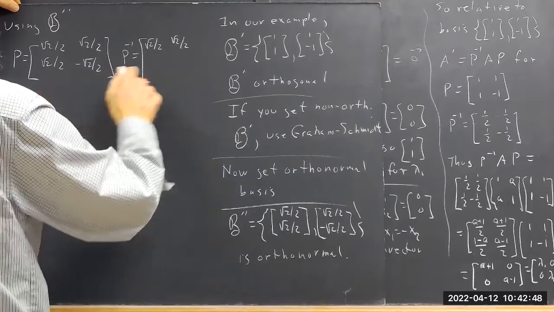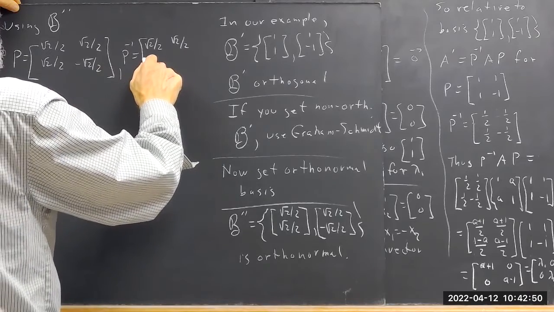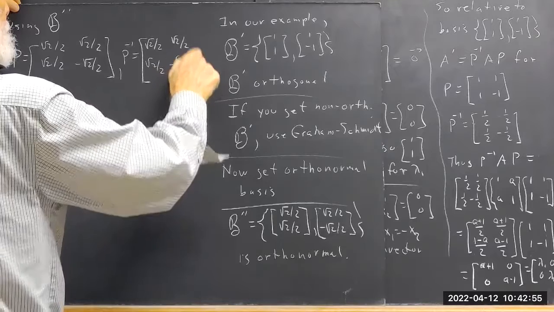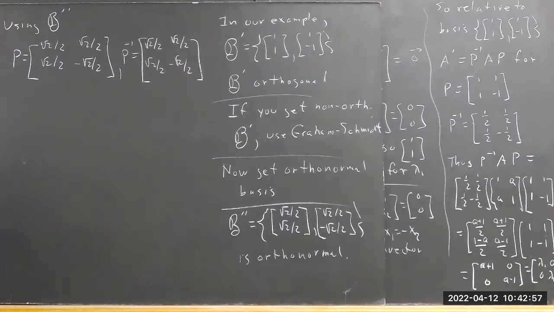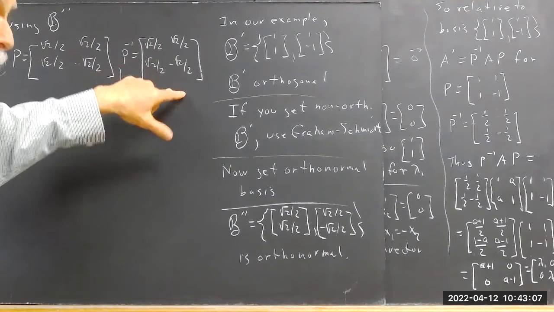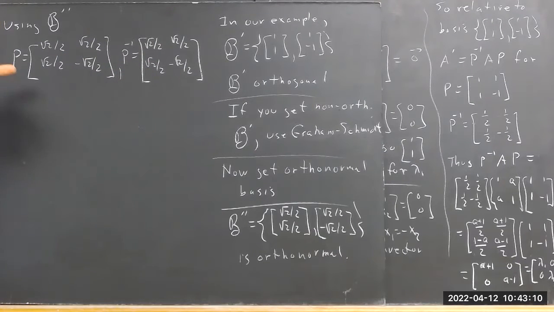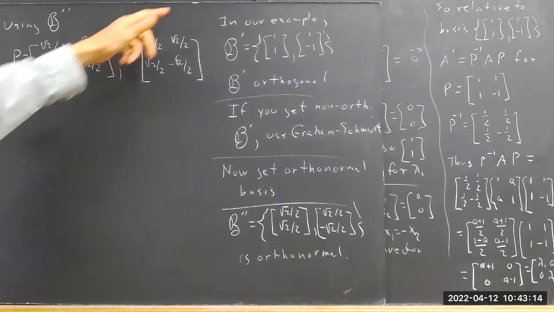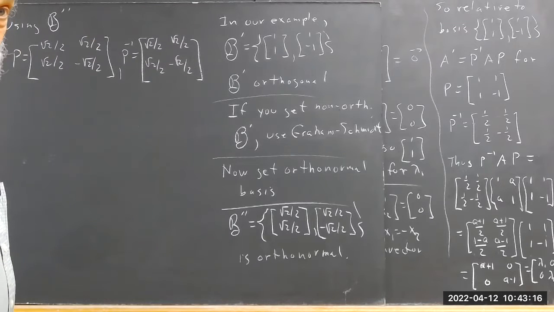Okay. Now that works. This times this gives me 1. This times this, well, signs are opposite over here, gives me 0. Signs are opposite here, so I get 0. And the signs match up here and I get 1. Okay.